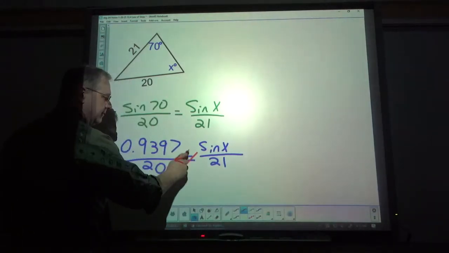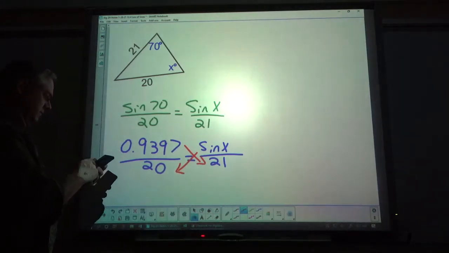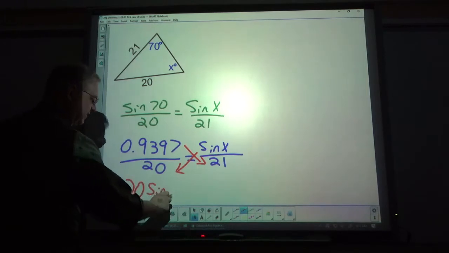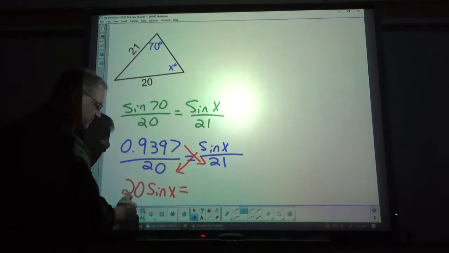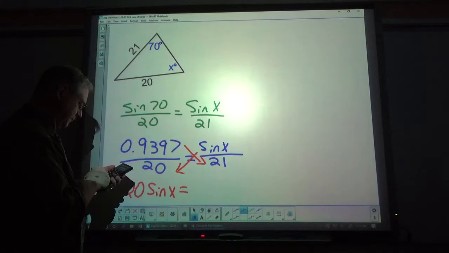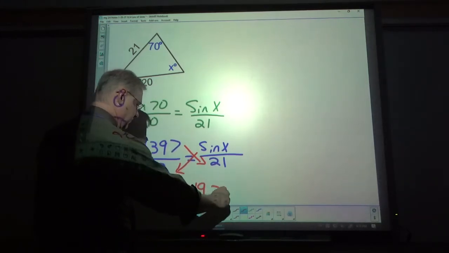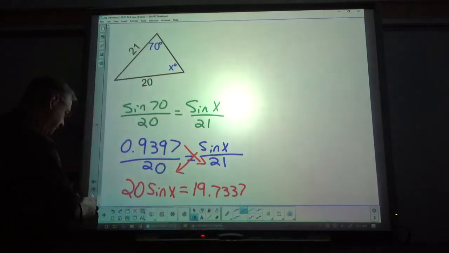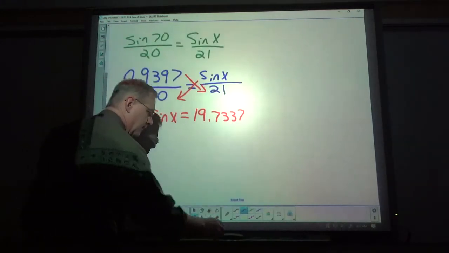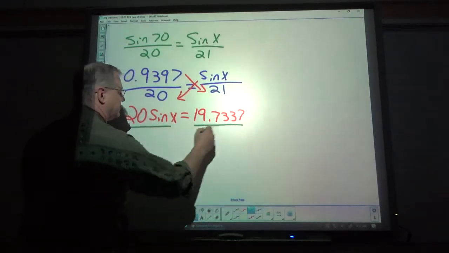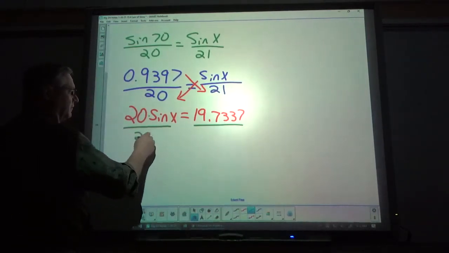Cross multiply. 20 sine x equals 0.9397 times 21, 19.7337. Now I'm going to divide both sides by 20 to get sine of x by itself.